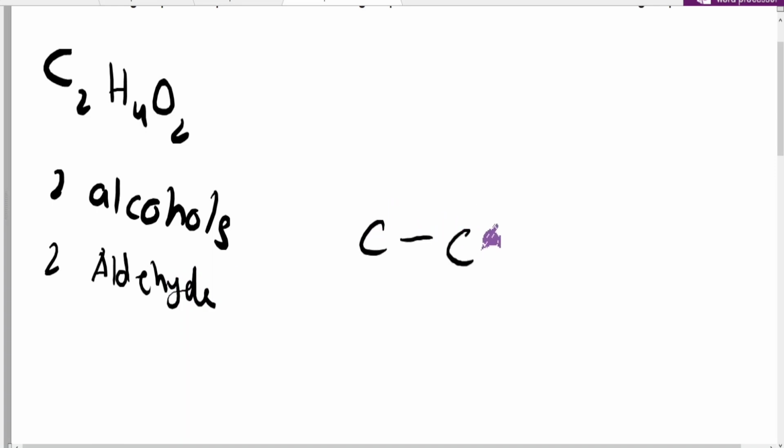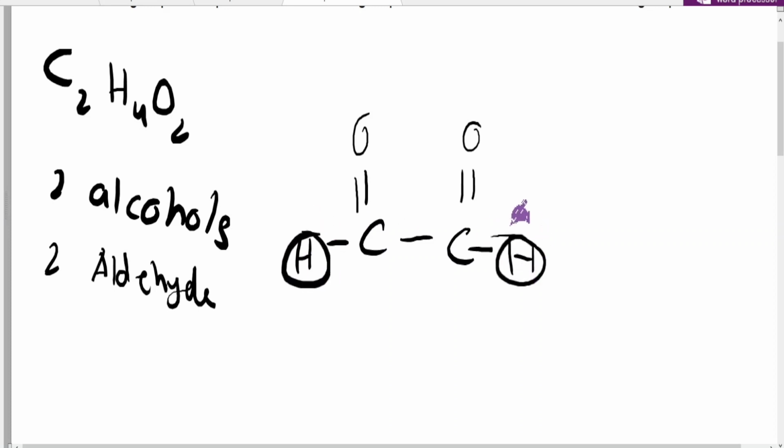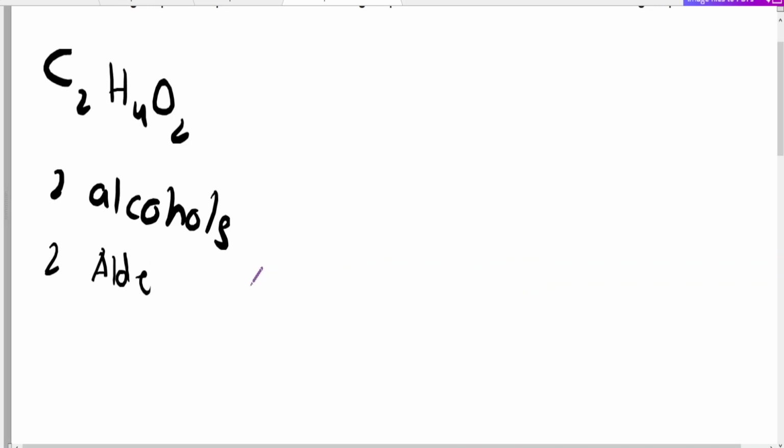Let's see. Well, for an aldehyde, I must have C double bond O and H. This would be an aldehyde. But how many hydrogens do I have? I have two hydrogens, right? But I need four hydrogens. That would mean I cannot have an aldehyde as well.